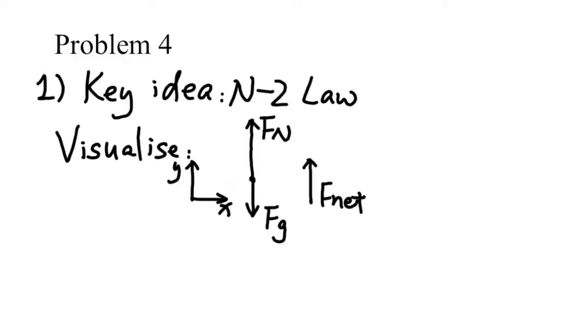So now we use Newton's second law and solve for the normal force. So we know that F net equals the normal force minus gravitational force equals ma.